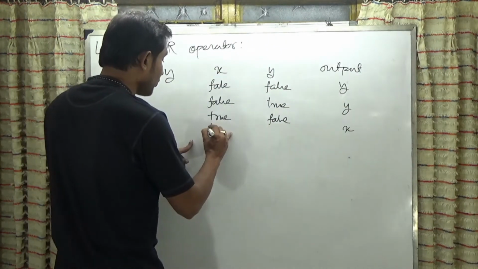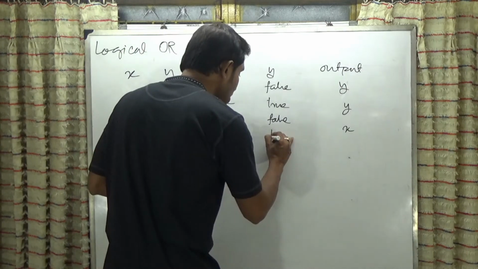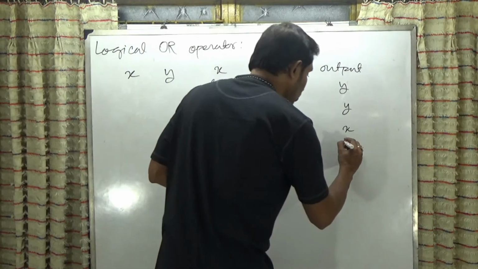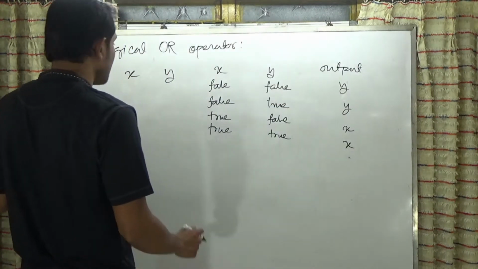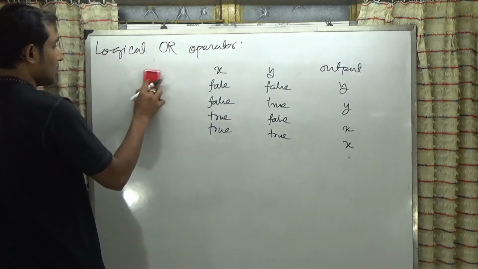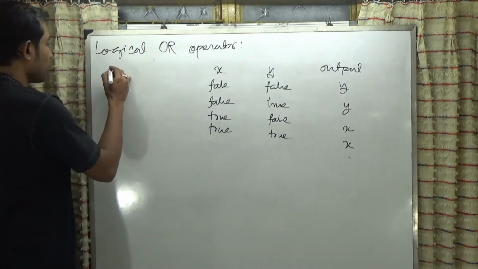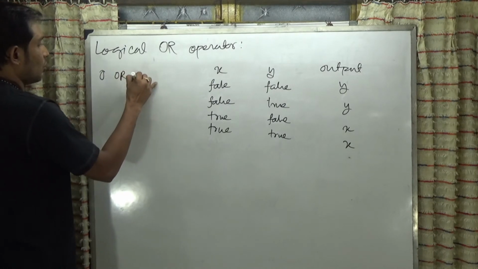And if the truth value of x is true and y is true, then the output will also be x. Now if I take an example, suppose I compare 0 or 0.